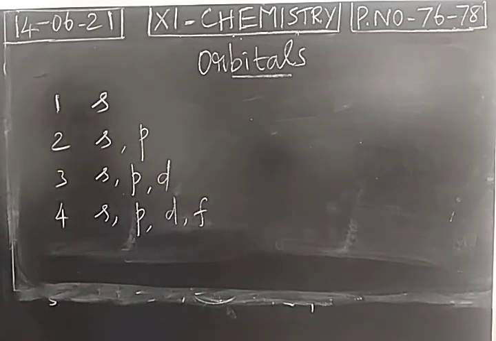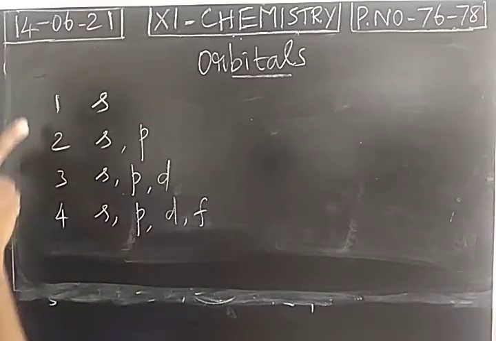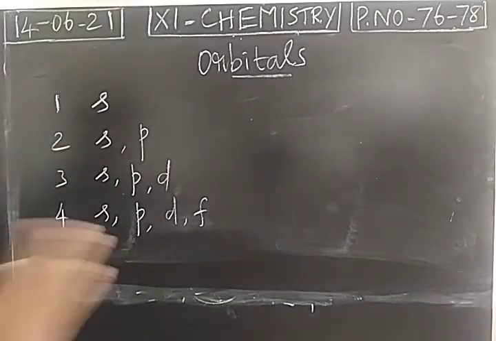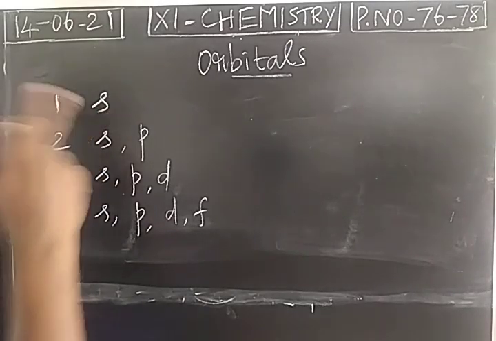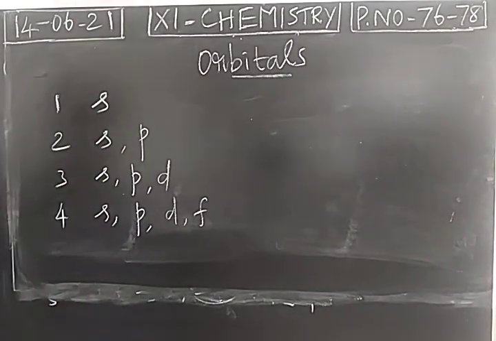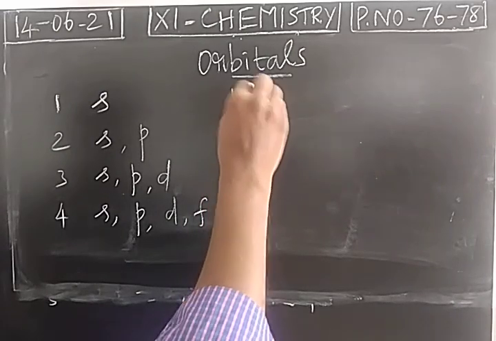Each orbital has a different shape, which will be discussed in the atomic structure lesson. Consider the first shell, second shell, third shell and fourth shell onwards. What are the orbitals present? The first shell or K shell has only the s orbital, which can be denoted as the 1s orbital.